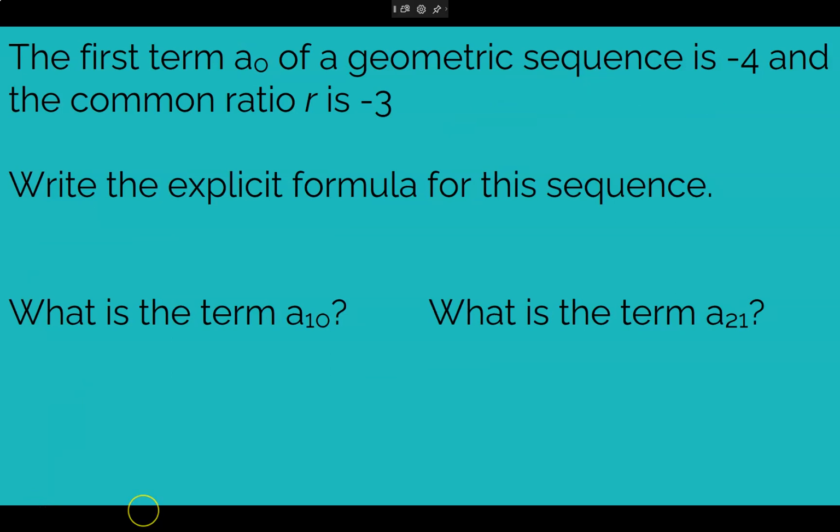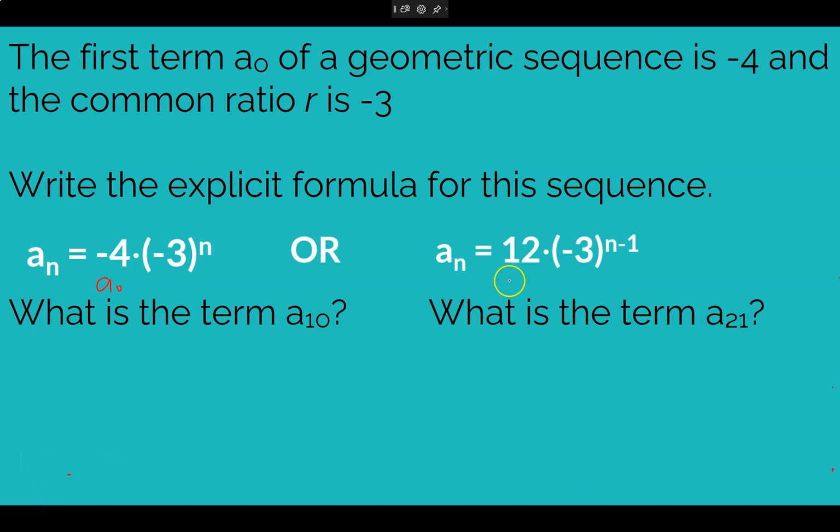Okay. So the explicit sequence, we could either use the A sub 0 formula, or we can use our formula with our A1 term.